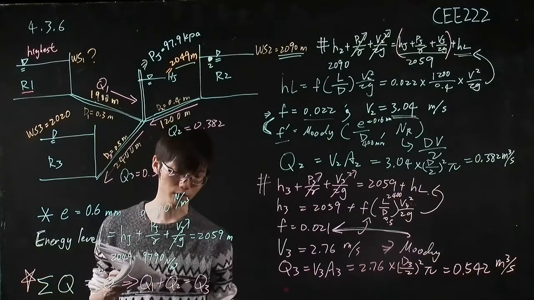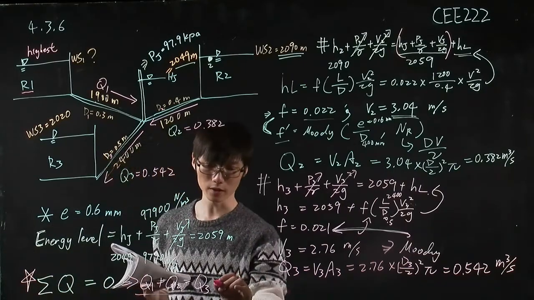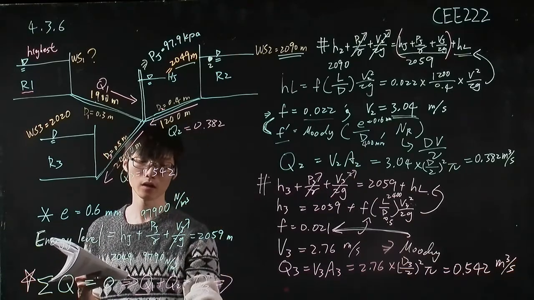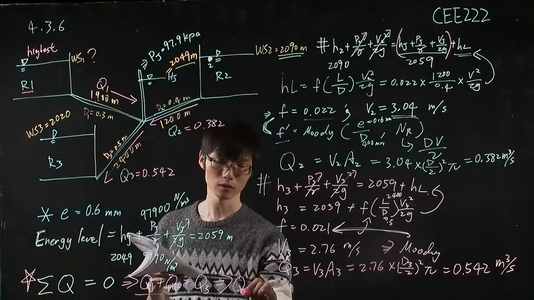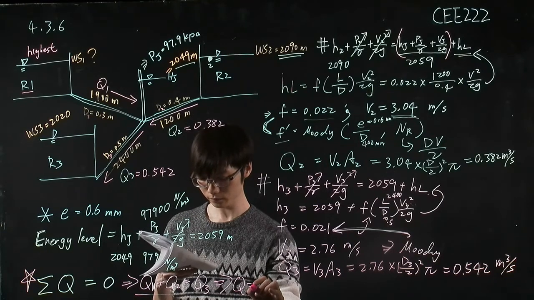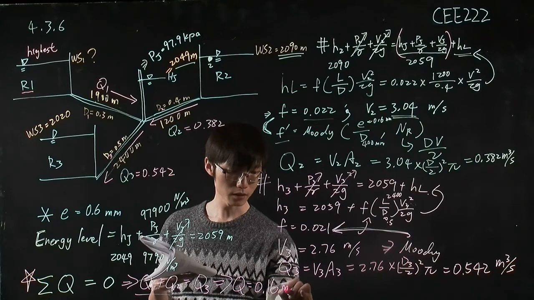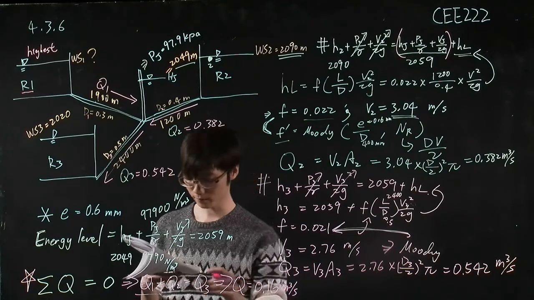That's why we have this equation. By using this, we can easily plug these two numbers in, and you can solve Q1. Q1 is equal to 0.16 cubic meter per second.